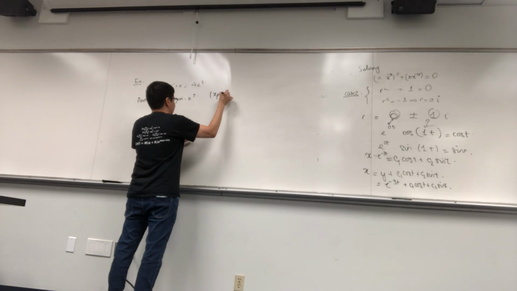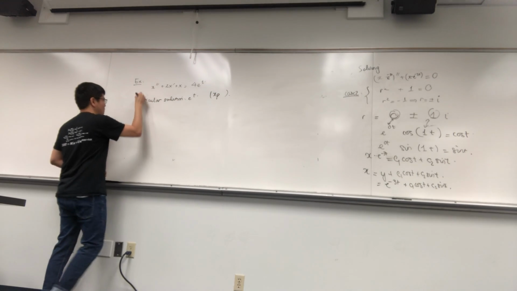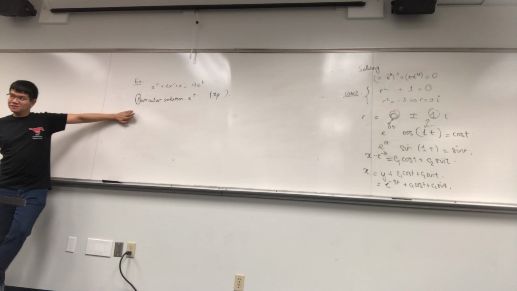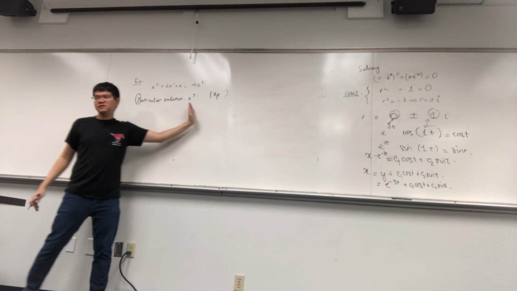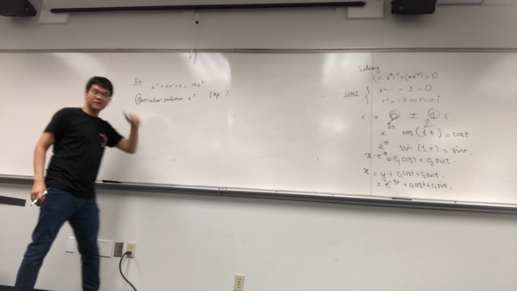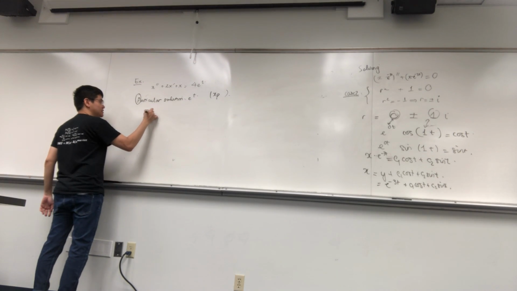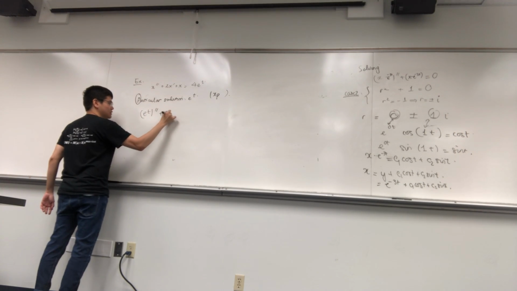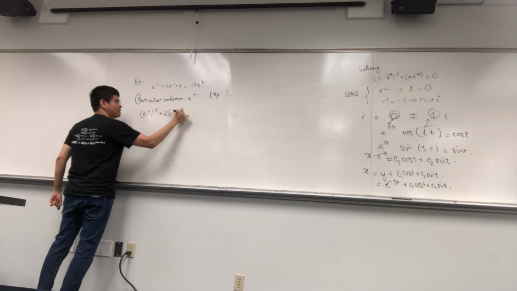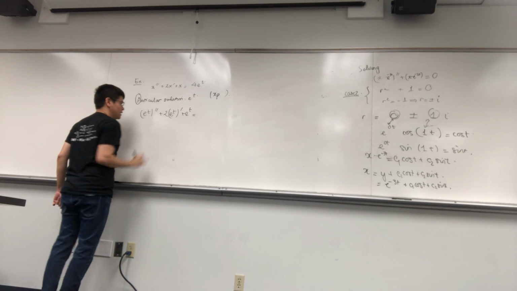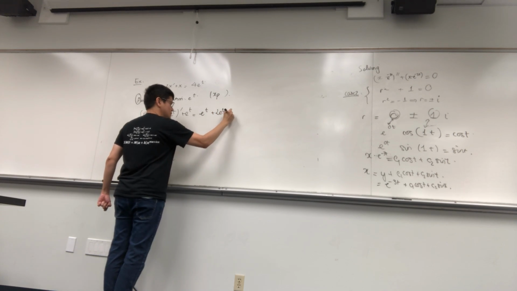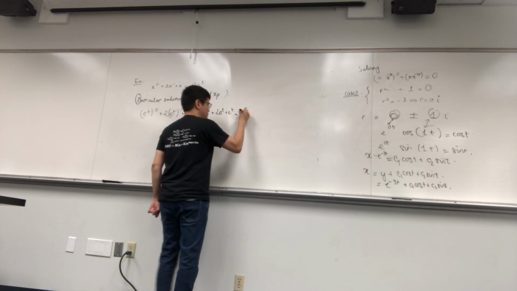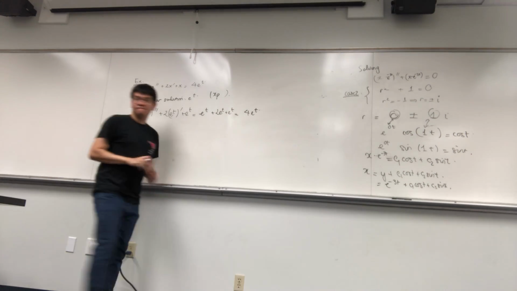P means particular, but this is just the name, right? Now, this is the particular solution. Why? Because when I take e to the t second plus 2 times e to the t prime plus e to the t, I'm going to get e to the t plus 2e to the t plus e to the t. And this gives me 4 times e to the t, all right?